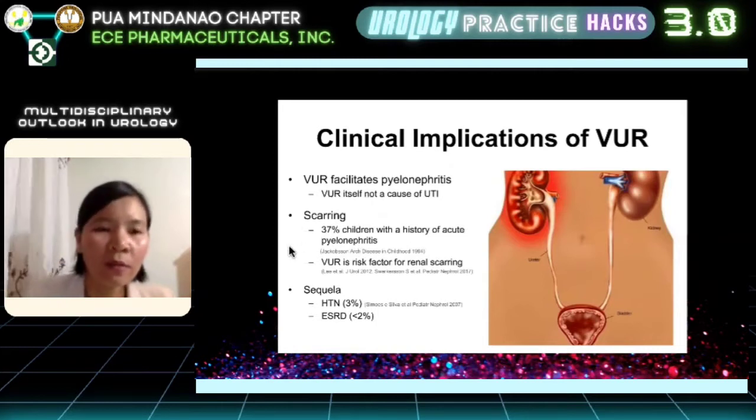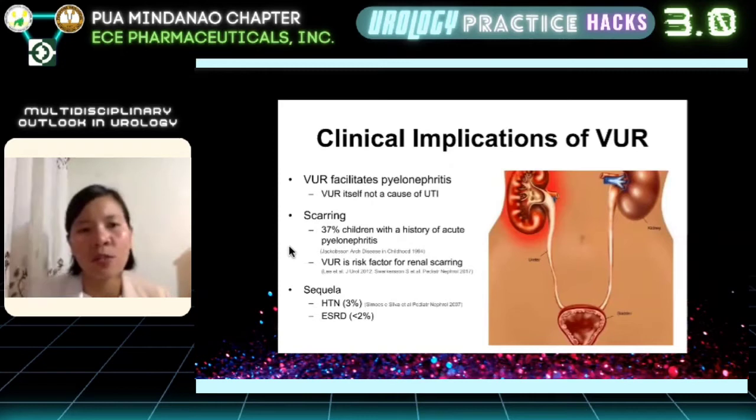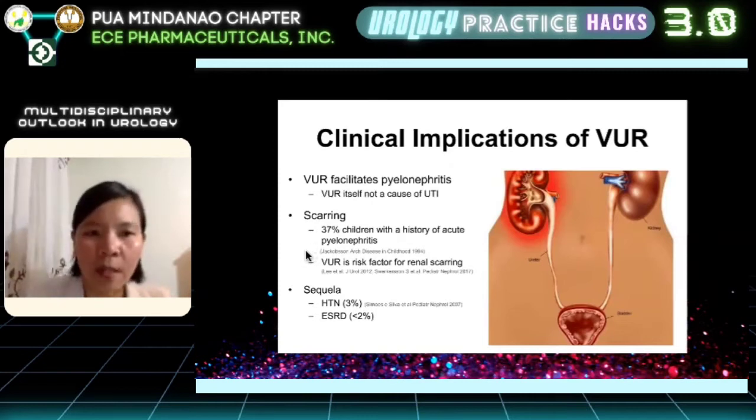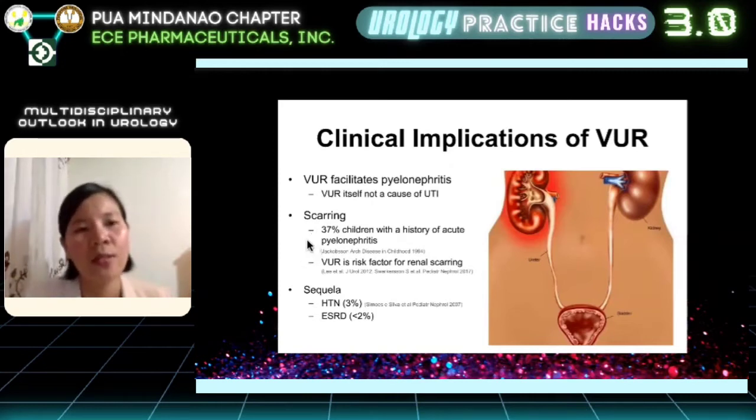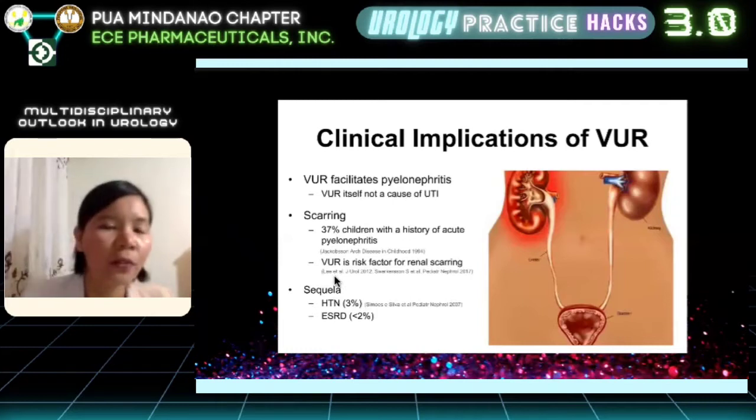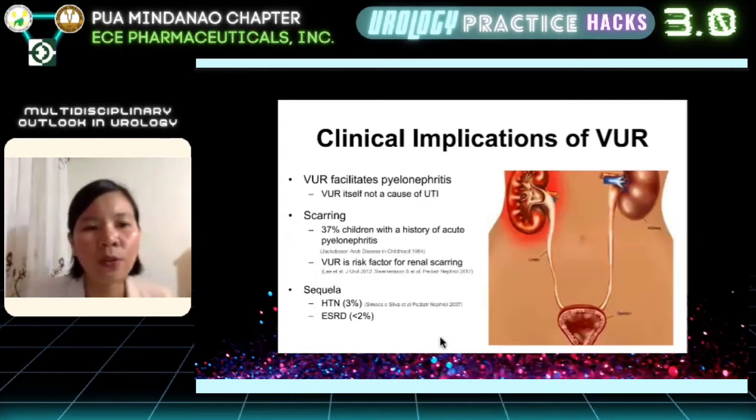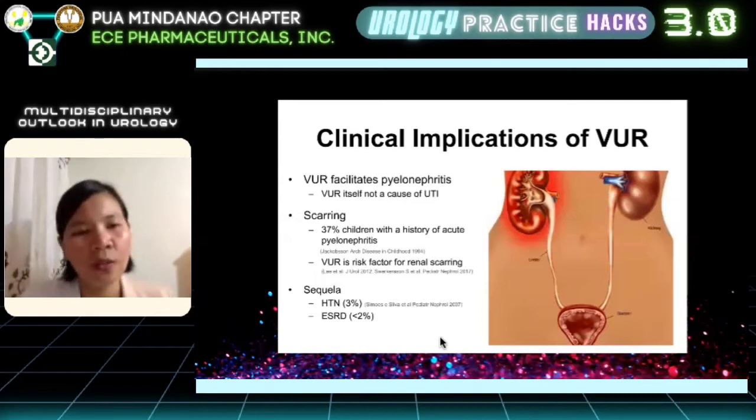It is only about one-third, or about 37%, of children with history of acute pyelonephritis that will have renal scarring. And it has been shown that presence of vesicoureteral reflux is a risk factor for renal scarring. And we don't want renal scarring for the reason that it can lead to long-term sequelae of eventually renal deterioration, renal insufficiency, and hypertension.